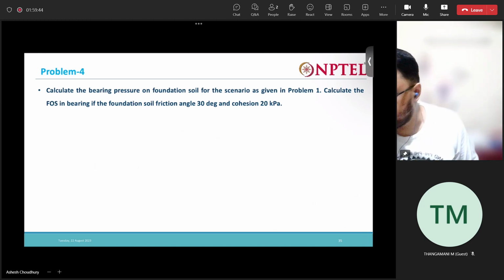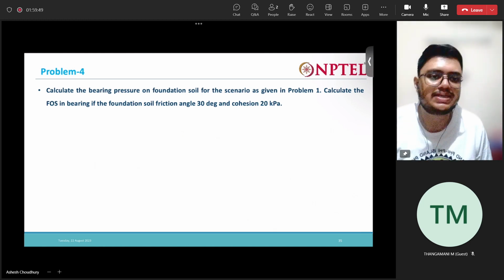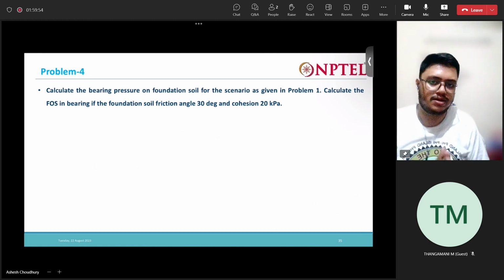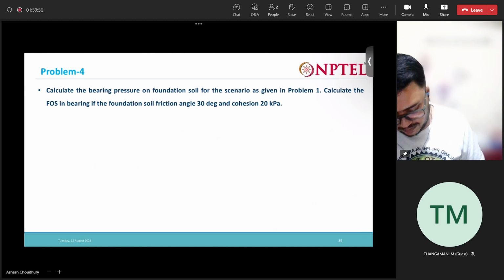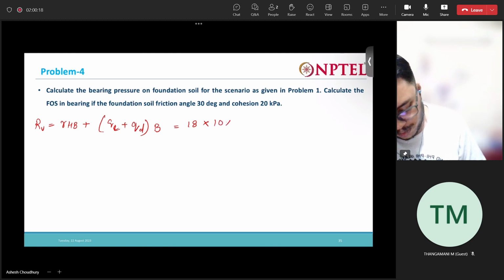So see, first, if we remember what we need to do, first let us determine the loads that are coming onto the foundation, the vertical pressure that is coming. For that, we determine the vertical load RV, starting with γ H B plus QL plus D into B. So we have 18 into 10 into B, 7.